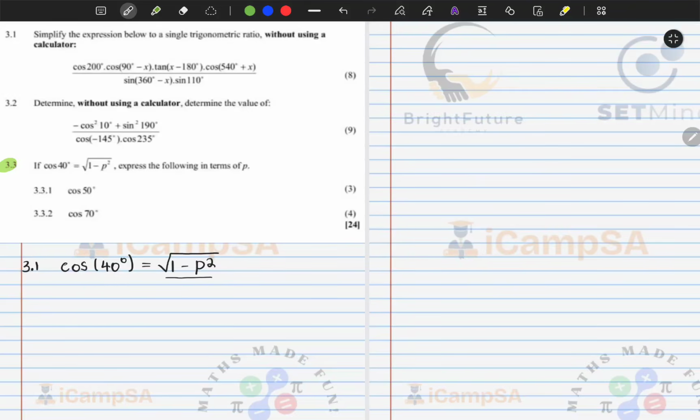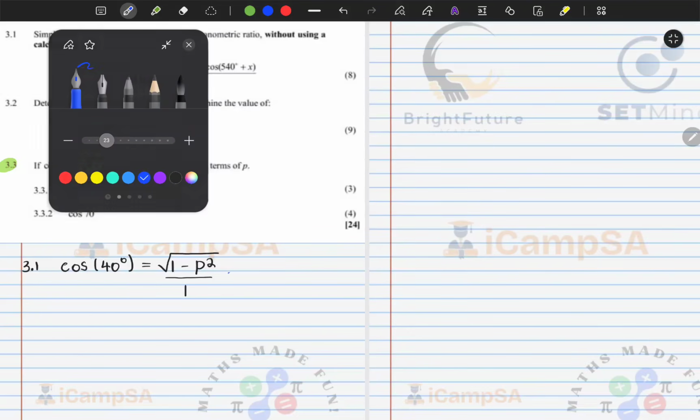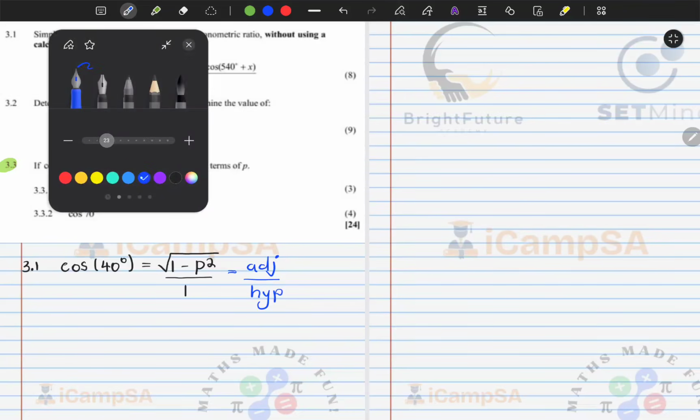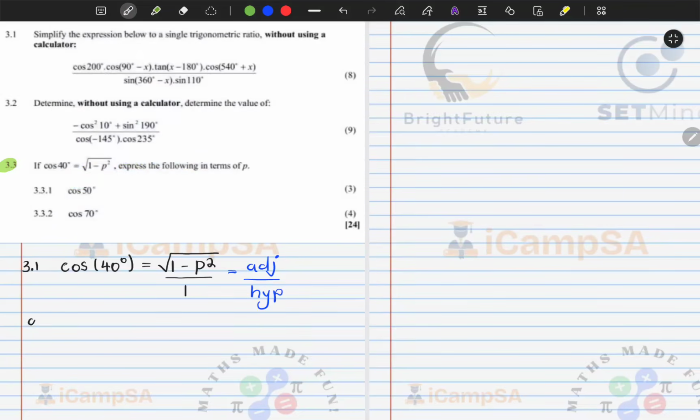So what I usually prefer to do is to always have a division by 1. How this is going to help me is the following. I know that cos is always given by the adjacent side over our hypotenuse. Okay, what does it mean? This means that I'm going to consider my adjacent side to be the square root of 1 minus p squared.